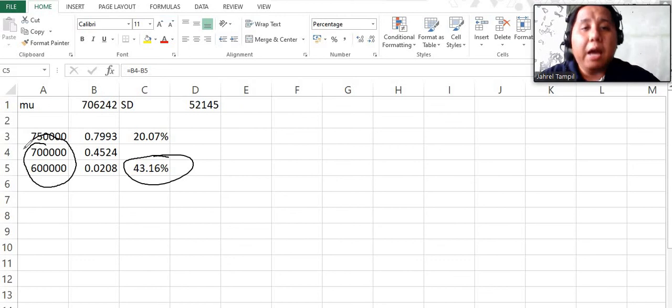So that's how efficient Excel can be. We can just copy the formula, put the correct F4 for referencing, and we don't need to recompute a lot all over again. So that's another example of solving problems involving the normal distribution.